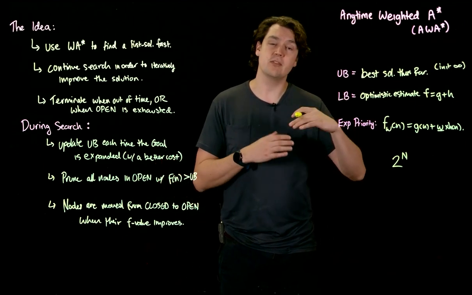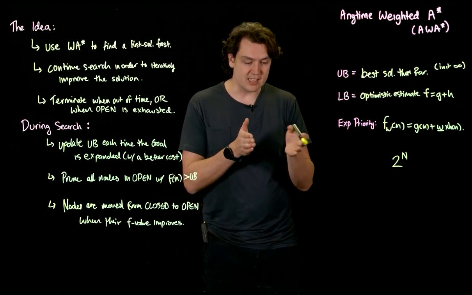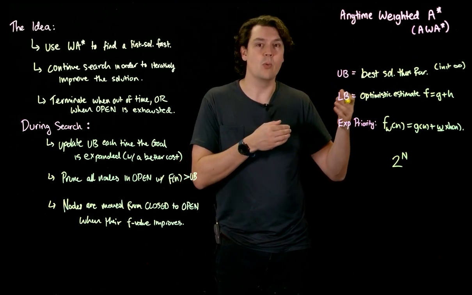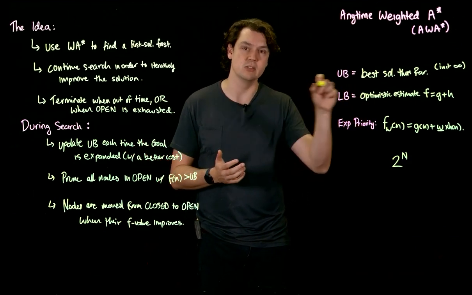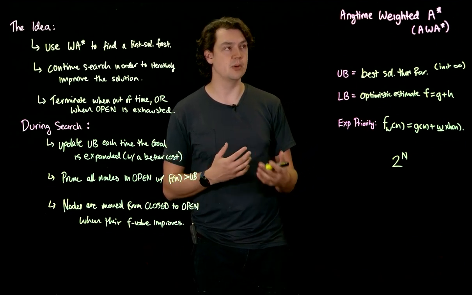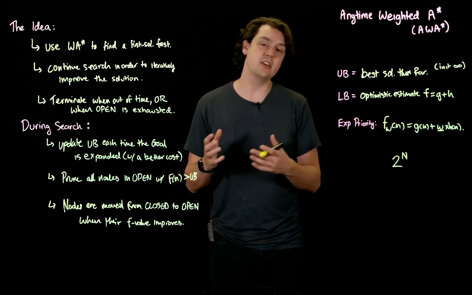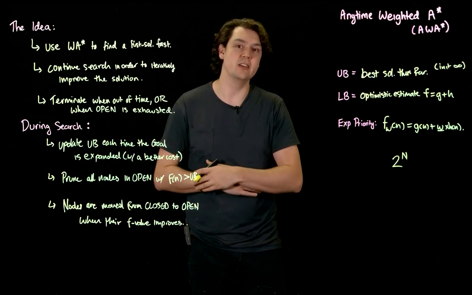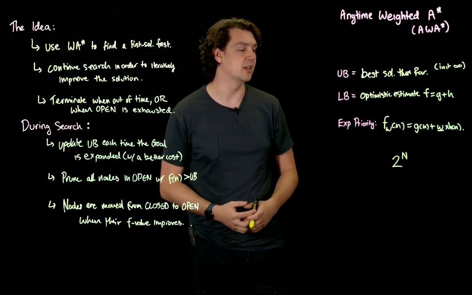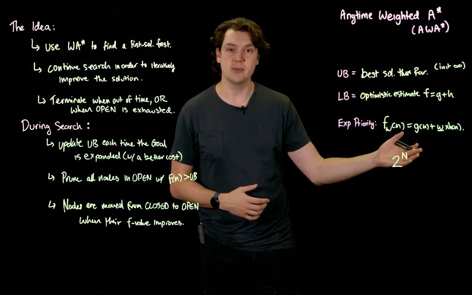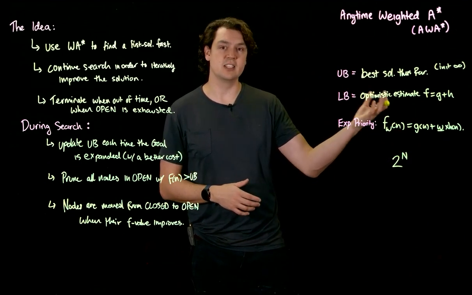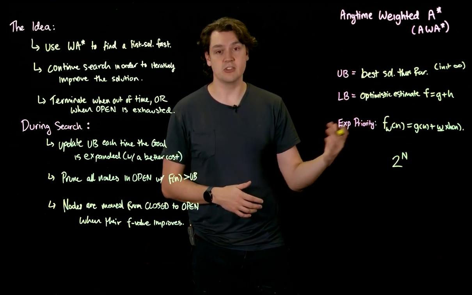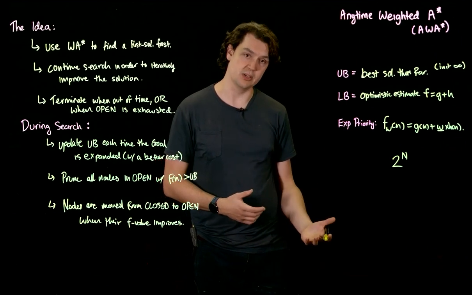So you don't actually have to raise W too high, right? I guess it's this trade-off: the additional weighting didn't really give you the advantage of choosing the faster path per se. And when your suboptimality is a bit more limited, then the termination conditions and improving things can be a bit easier. So that's something to keep in mind. But yeah, in areas where Weighted A-star is good, AWA-star will also be good.